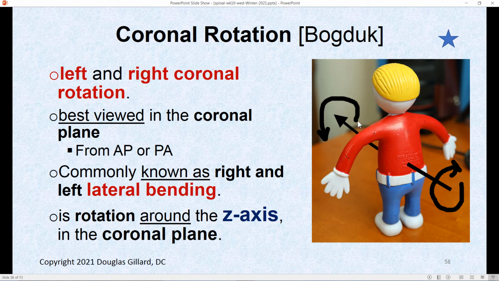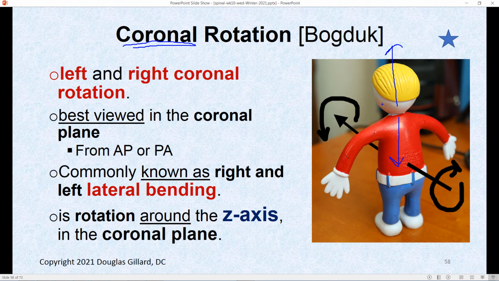For coronal rotation, you need to stand in the front or in the back and observe the coronal plane. And what else was in the coronal plane that we observed? Anybody's brain able to comprehend this stuff? We have translation up, translation down. So we have axial compression and axial distraction, also called coronal translation.